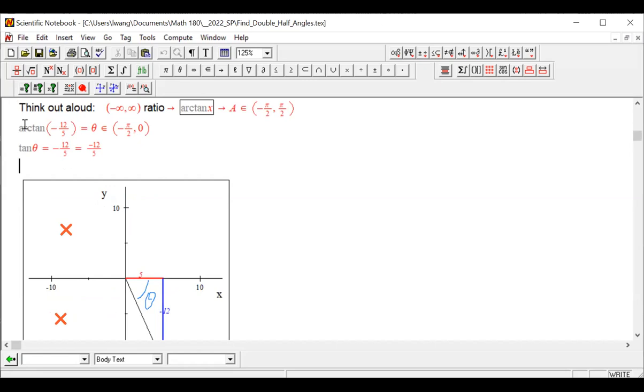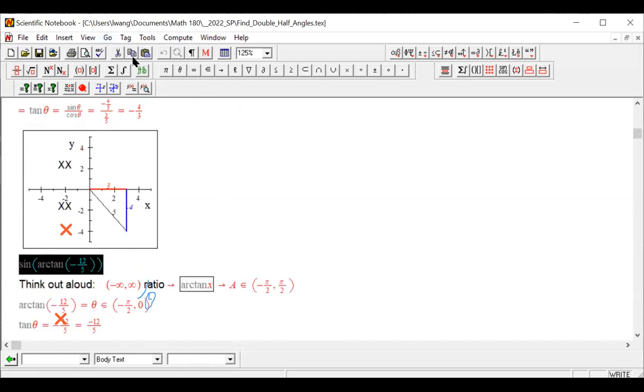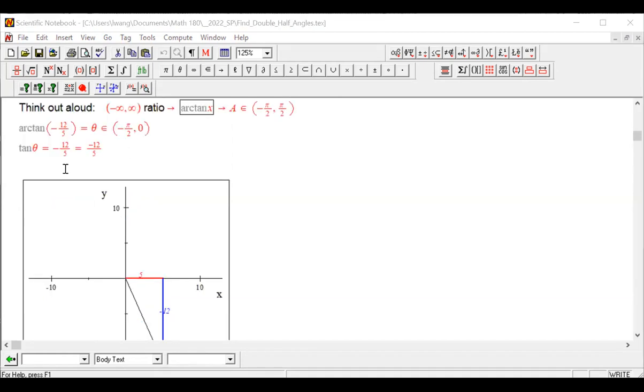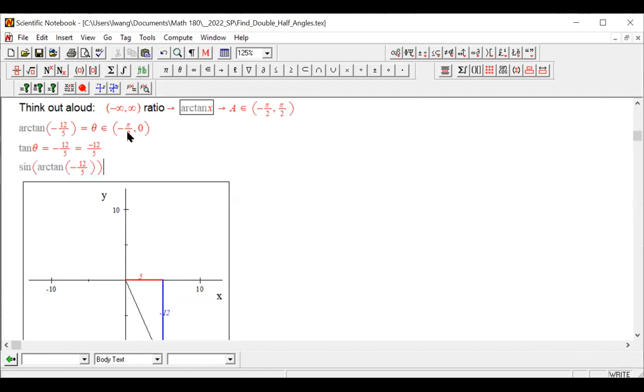Next, we just have to find sine theta. So here we need sine theta. What is sine theta after we get everything? Sine theta is going to be y over r, which is negative 12 over 13.